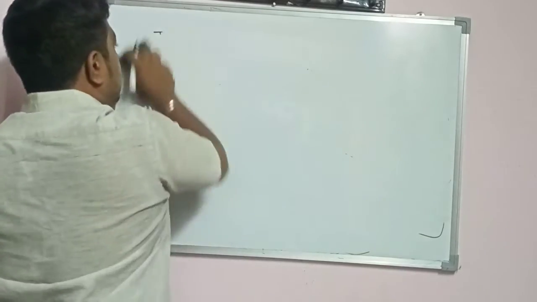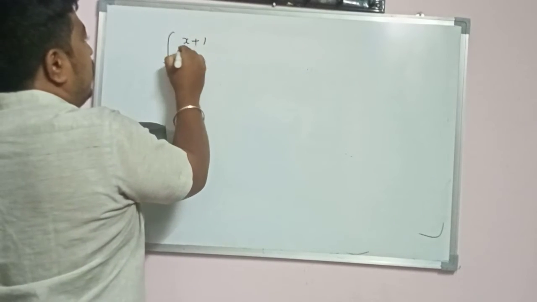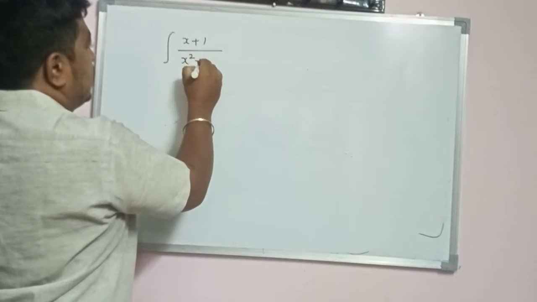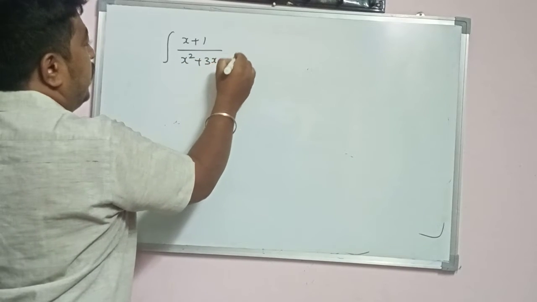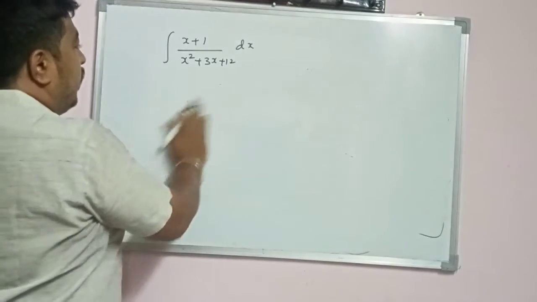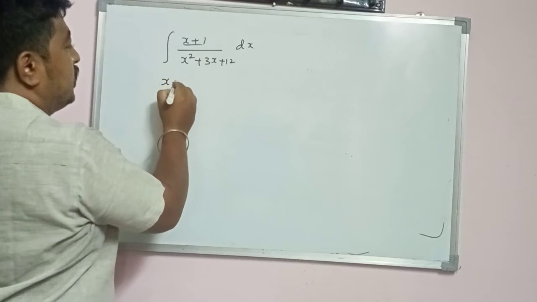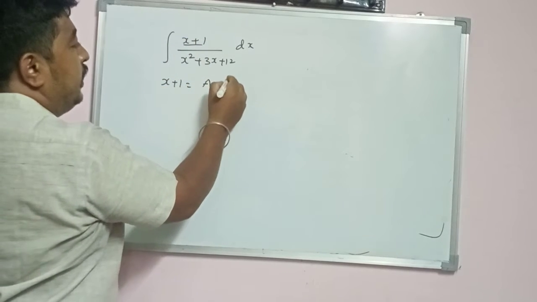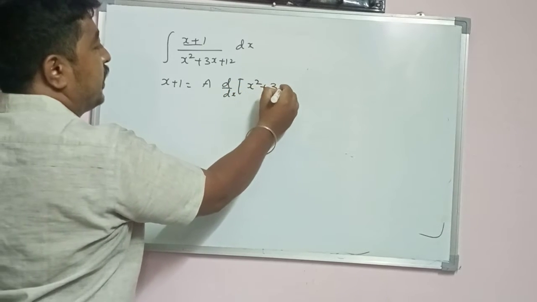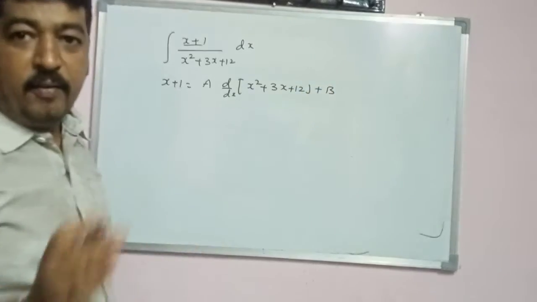See the example: integration of (x + 1) / (x² + 3x + 12) dx. I want to find this. What is px + q here? It is x + 1. So x + 1 = A · d/dx (x² + 3x + 12) + B. I want to find the A value and B value.